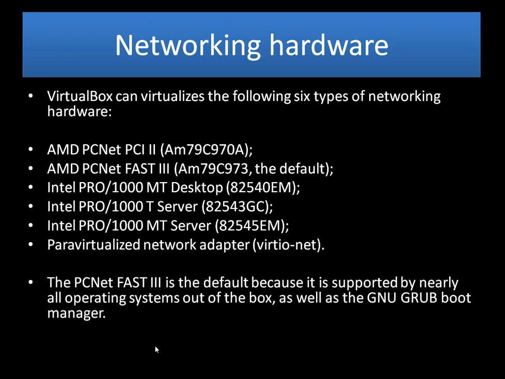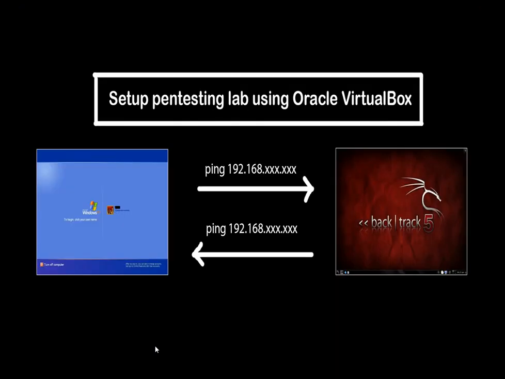Basically the PCNet FAST III is the default because it is supported by nearly all operating systems out of the box, as well as the GNU GRUB boot manager, which is used for Linux or you can say Ubuntu.